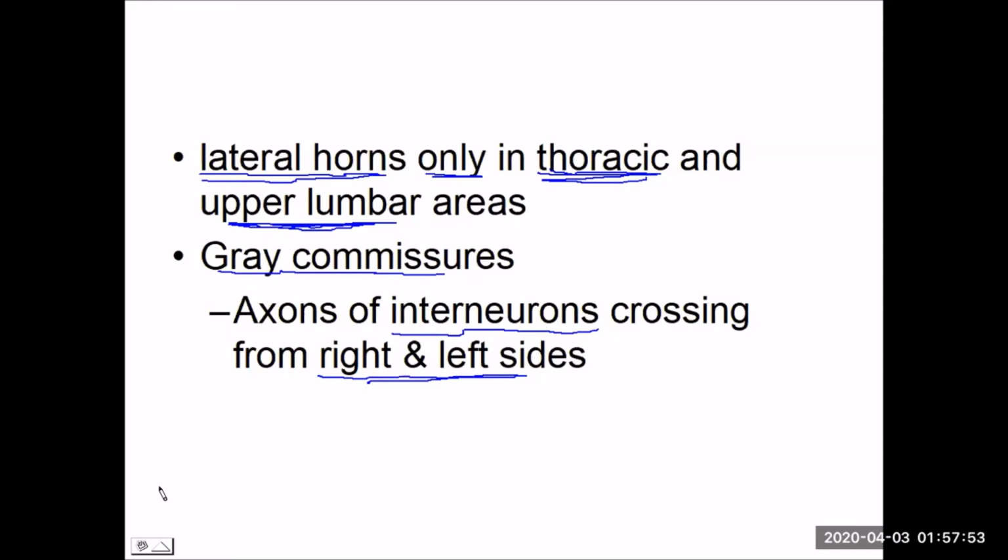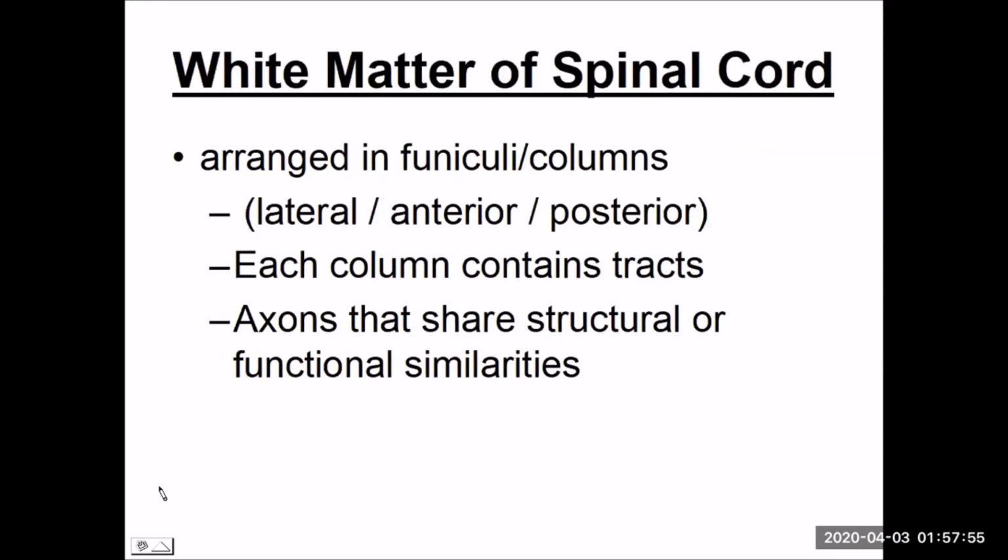So moving on from the deeper gray matter, there's the superficial white matter. So this is at the surface of the spinal cord. And the simple term for the areas of white matter are the columns. And you see the description, just simply lateral, anterior, posterior. So those three areas of the white matter columns.